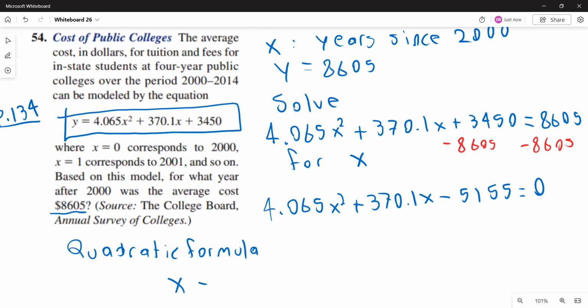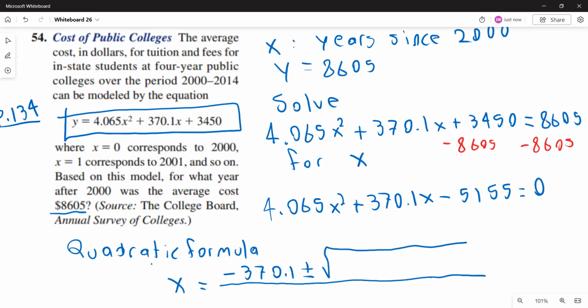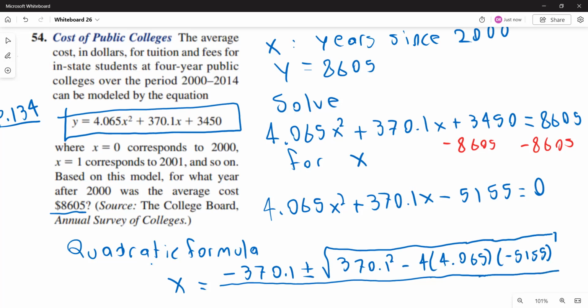Okay, so x is going to be the opposite of 370.1 plus minus the square root of 370.1 squared minus 4 times a times c, divided by 2 times a.